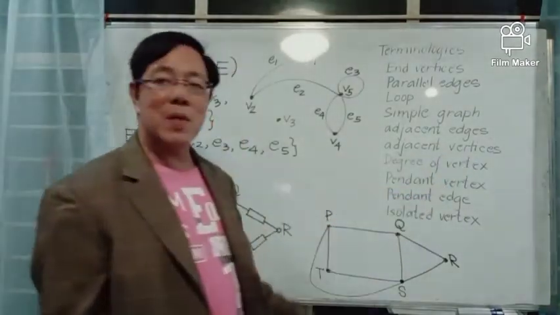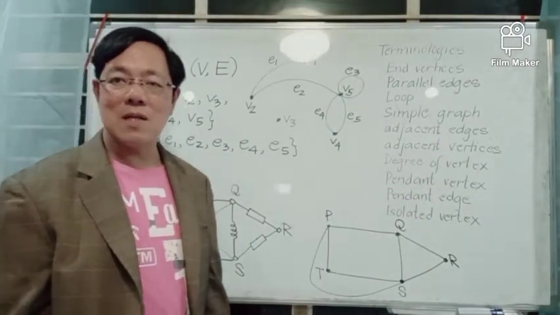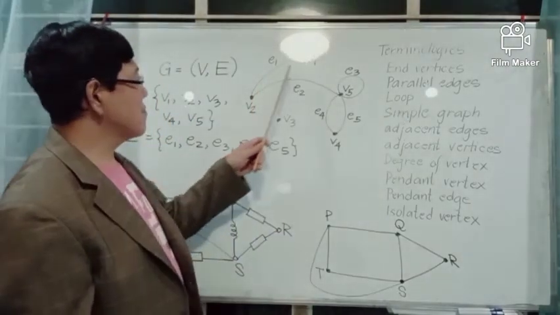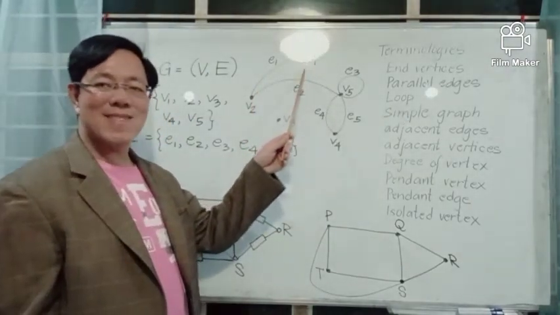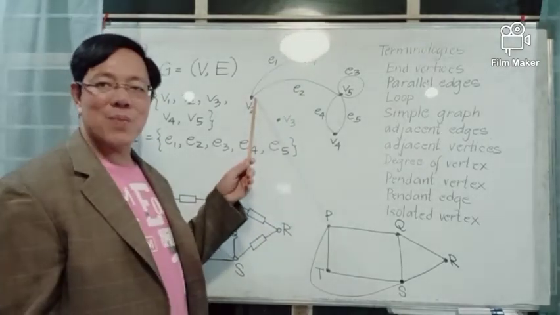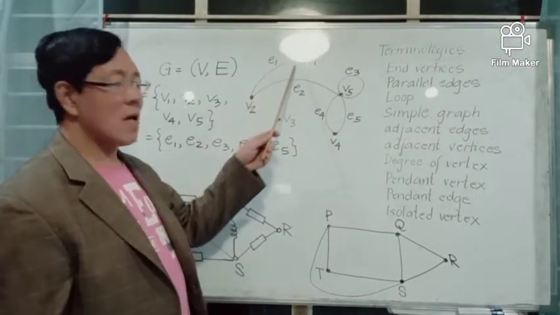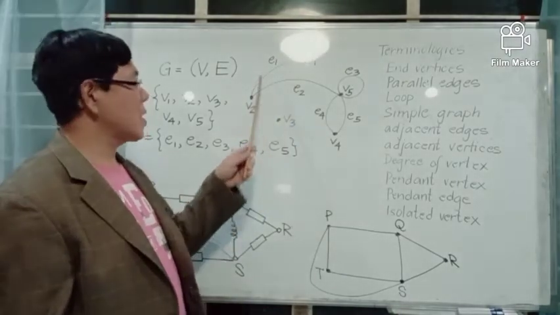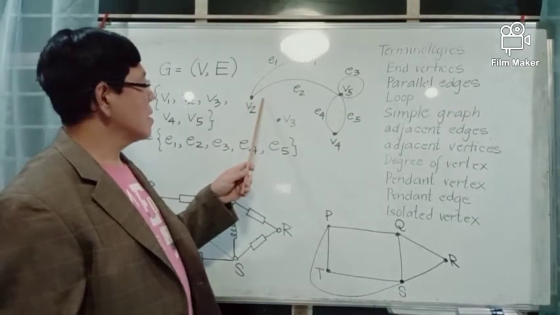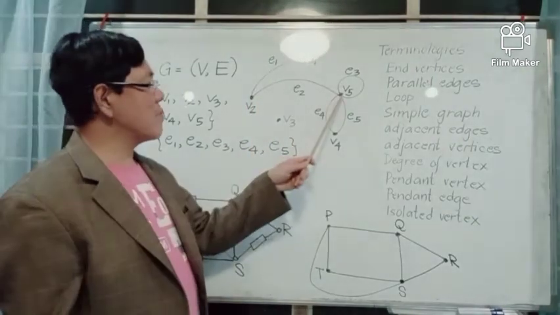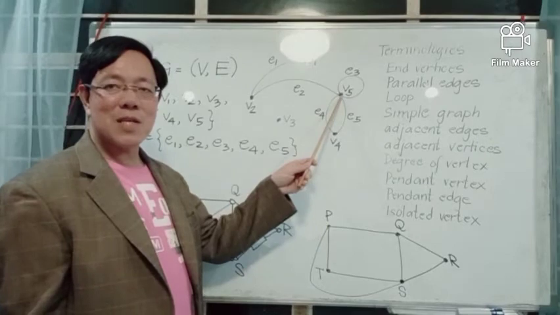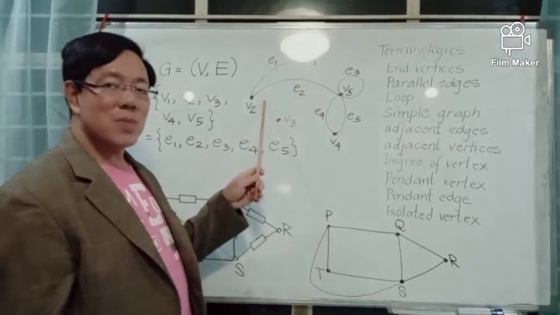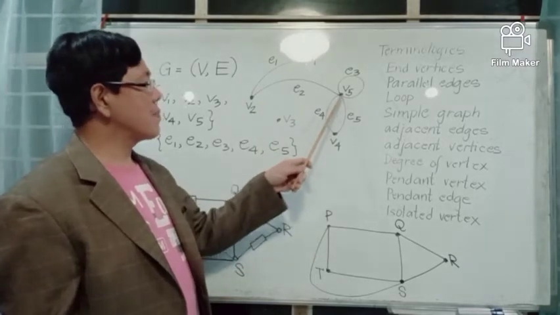Adjacent vertices: two vertices are adjacent if there is an edge that connects these two vertices. So these vertices B1 and B2 are adjacent vertices because there is an edge that connects these vertices B1 and B2, edge E1. And vertices B2 and B5 are adjacent vertices because there is an edge that connects vertices B2 and B5.